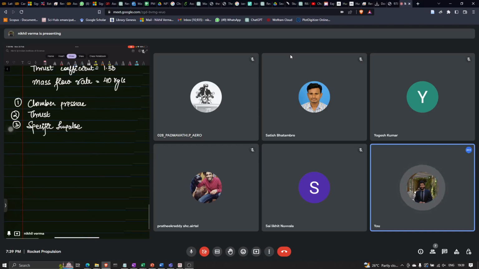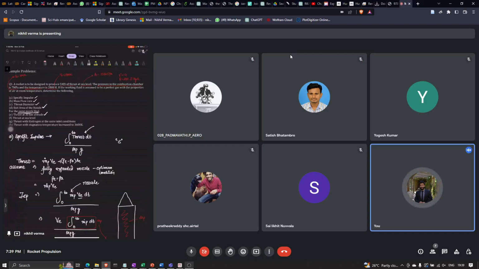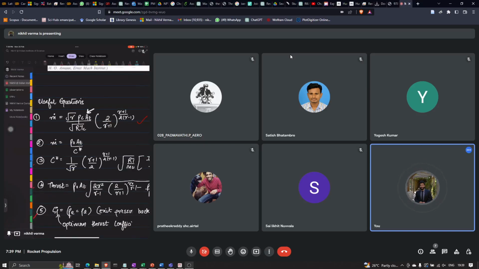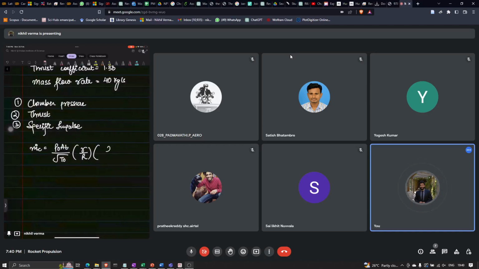So probably what we can do is we can use the choked mass flow rate equation, that is P naught A_T under root of gamma by (R T naught), times 2 by gamma plus 1 to the power of gamma plus 1 by 2 times gamma minus 1, right?